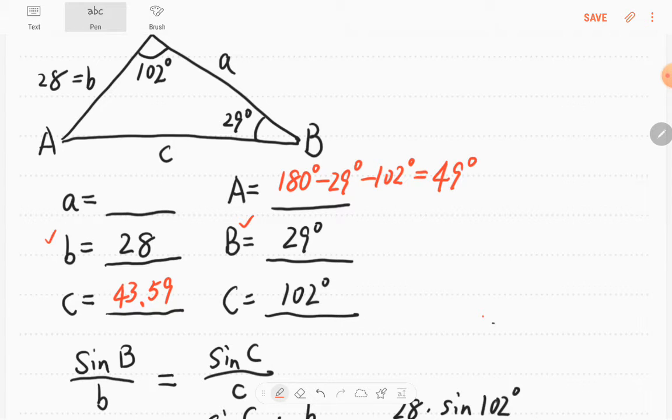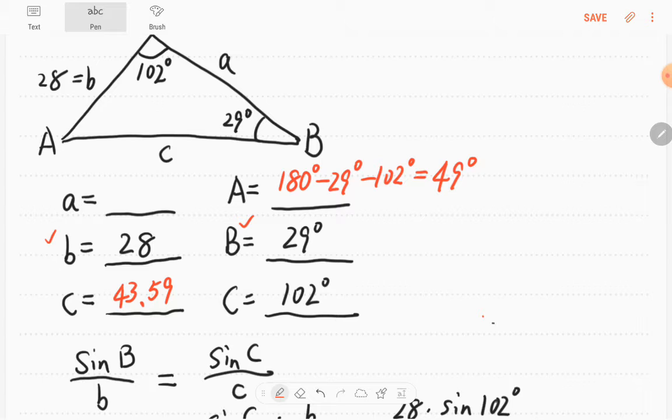Okay, so now we know angle A, so we can use the law of sines to get side a. Here is one suggestion. We'd better use the pair that the problem gives you, not the pair you just calculated.